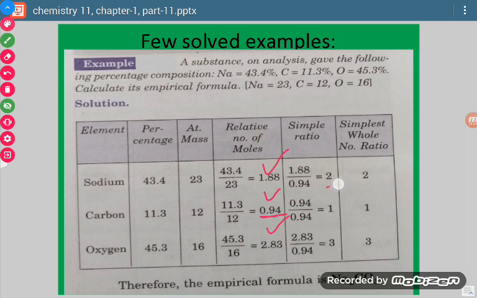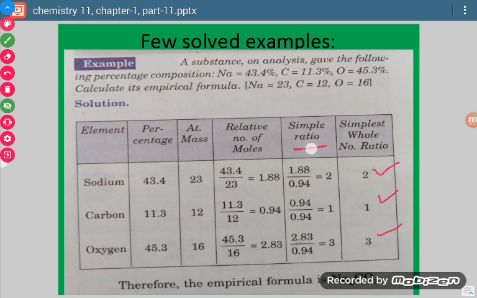So once we do that, it may come out an integer, or it may be something like 2.1, or it may be 1.99. So in all the cases we have to change them into the simplest whole number ratio. Now here it has come like this only, so we will write the simplest whole number ratio.